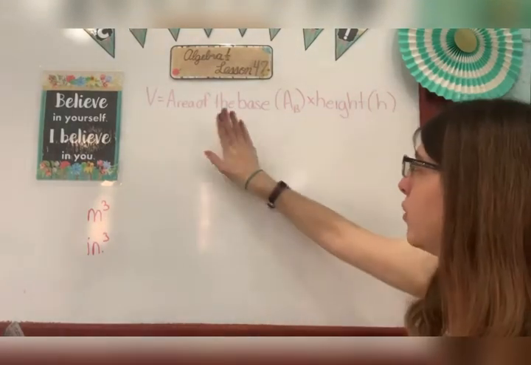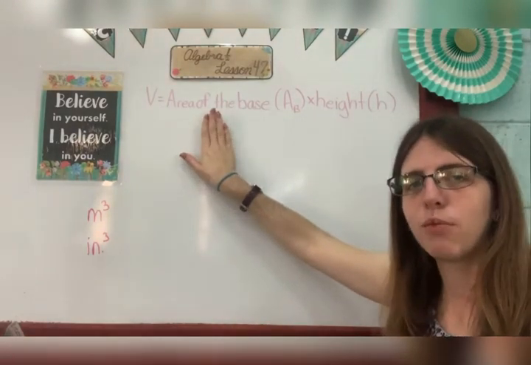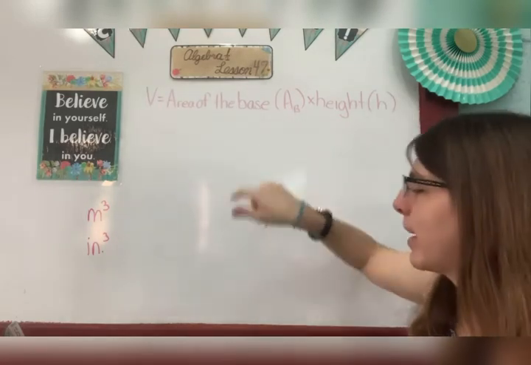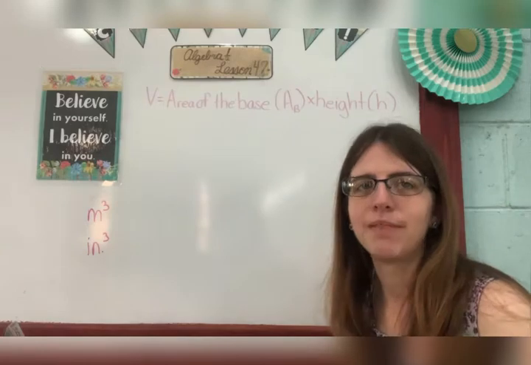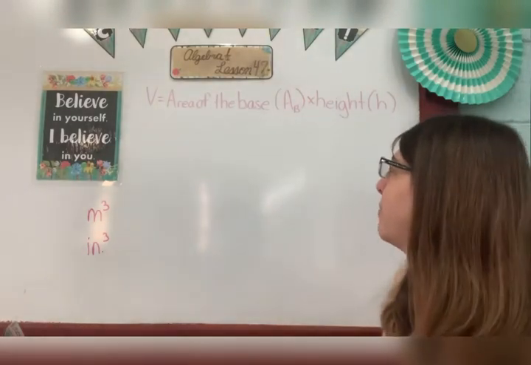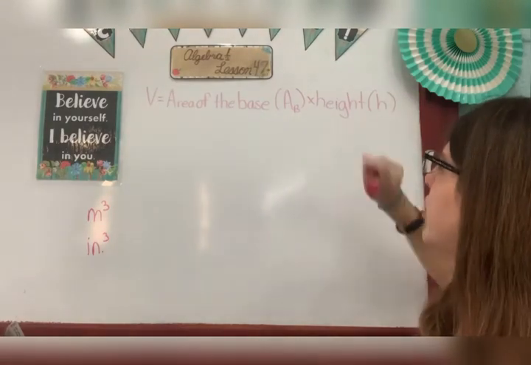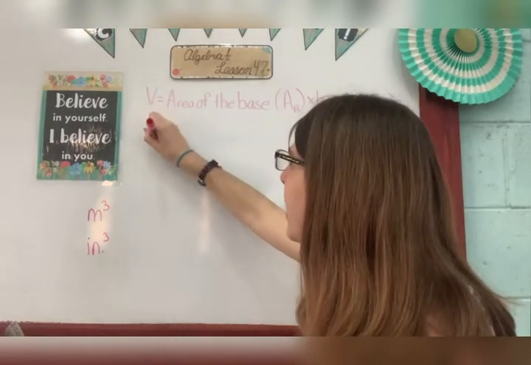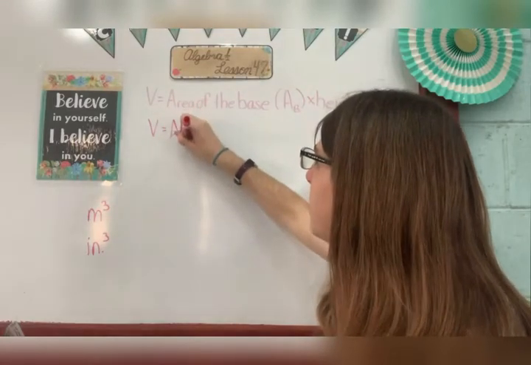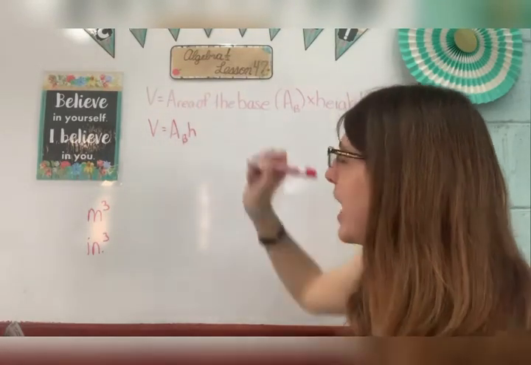So a smaller way of writing this, instead of writing out volume equals area of base times height, you can write area of the base by saying A sub B, because this stands for area, and then the B is base, times height, you can just make that H. So you could write it as volume equals A sub B times H.